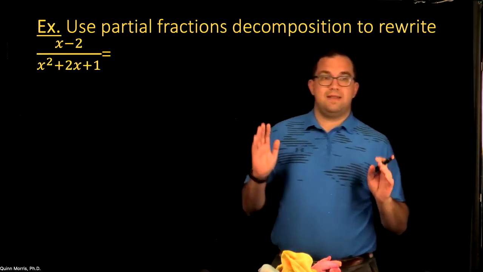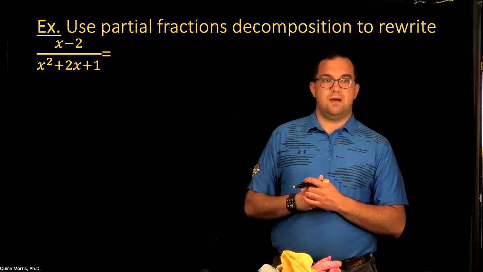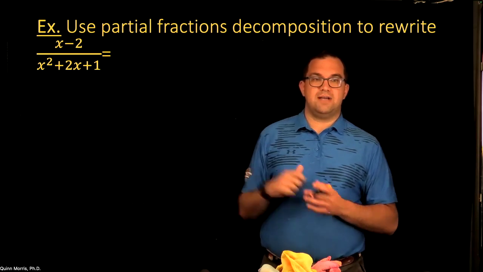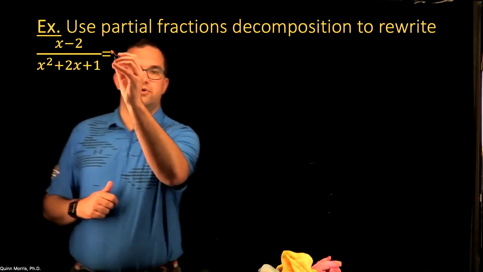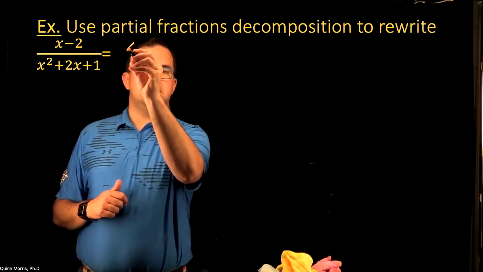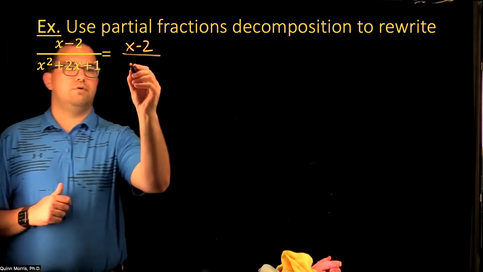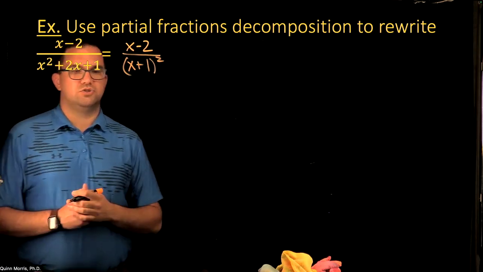So before I worry about integration, let me just imagine that I wanted to use partial fractions decomposition, that's what this method is called, to rewrite this rational expression. So I have x minus 2 over x squared plus 2x plus 1. Now, the first thing I want to do is recognize that this is really x minus 2 over a denominator that factors as x plus 1 squared.